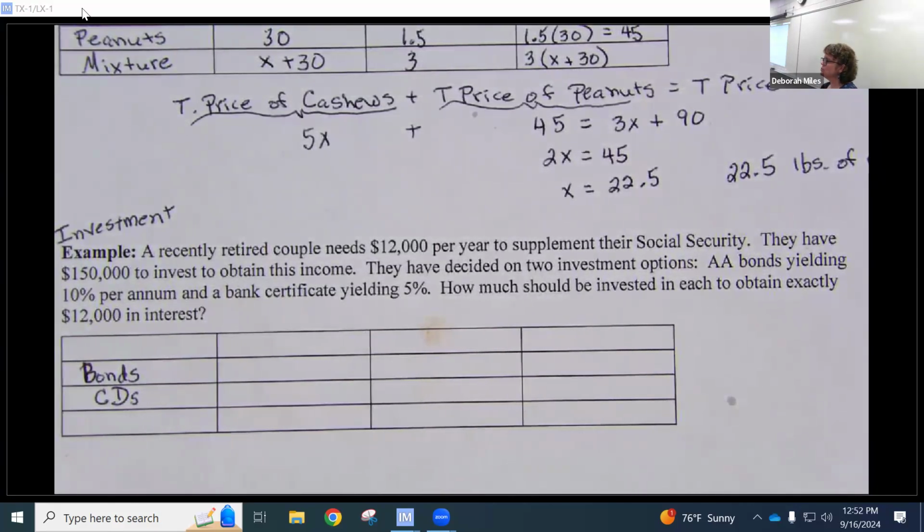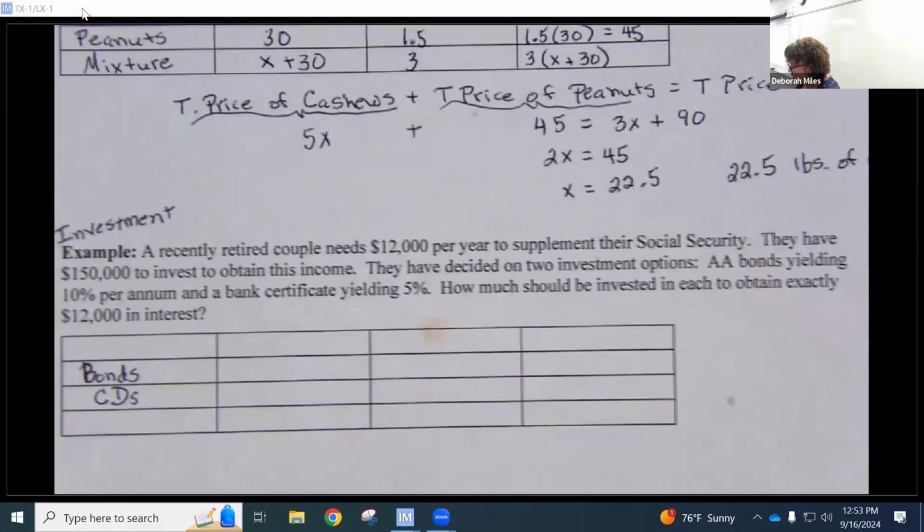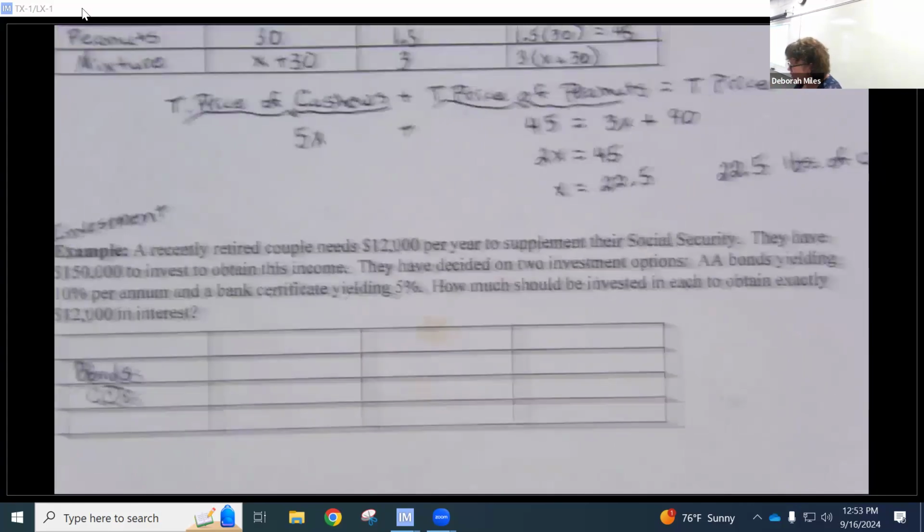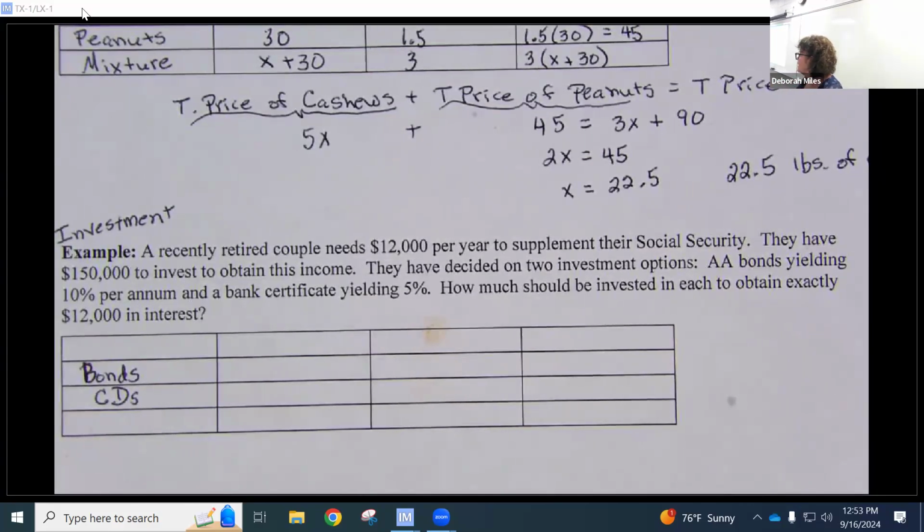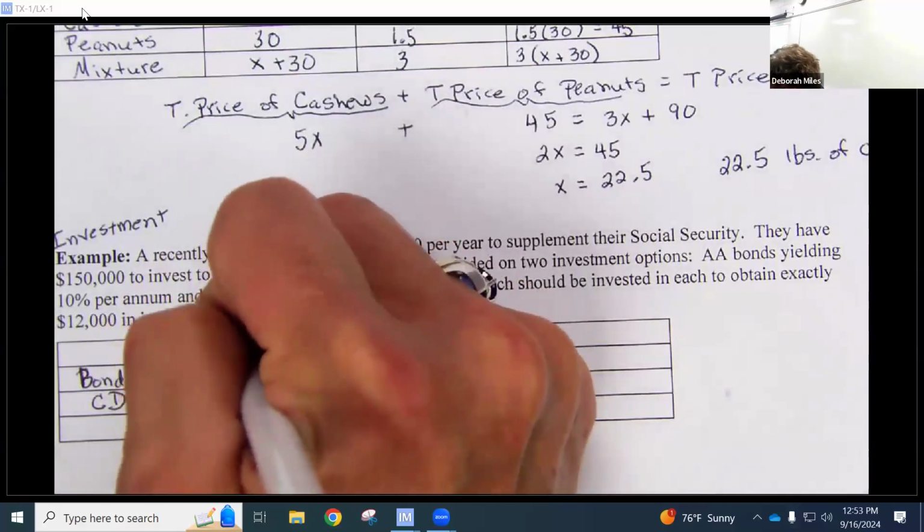It starts with I equals. In banking, the amount you borrow or the amount that you invest is called something that starts with a P. Okay, I'll tell you.